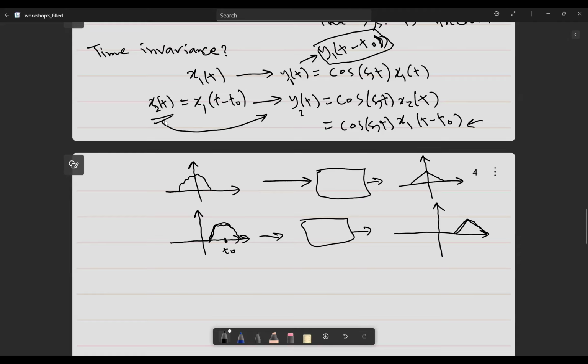Again, assume that those are identical. The only difference is just the time shift. So here we have T0. So if the system behavior is like this, then we say this system is time invariant.